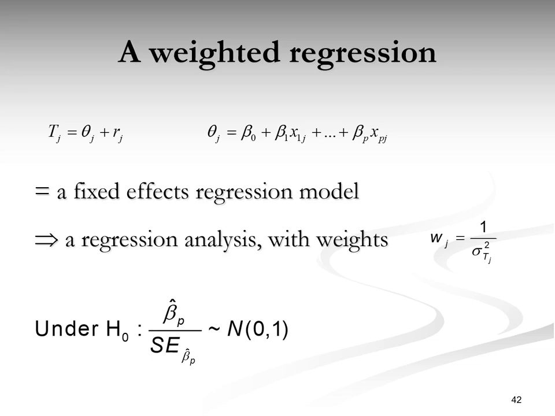The estimates divided by the standard errors follow a standard normal distribution. So if the estimates are at least twice as large as a standard error, we know that we can reject the null hypothesis at a 5% significance level.